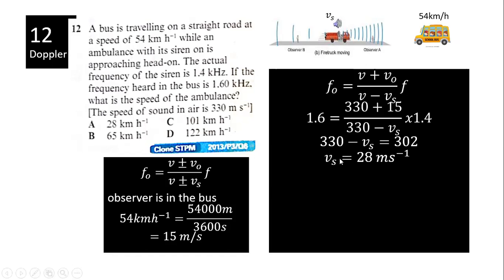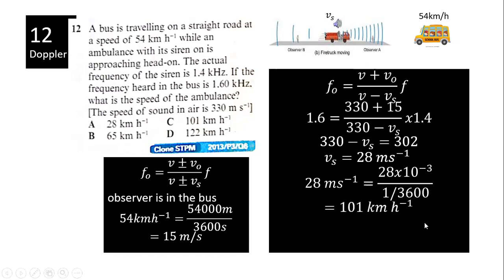You can see that they are very deceiving. If you straight away put it, A is wrong already. You have to convert it back to kilometers: 28 over 1 second. Meter to kilometer is 10 to the power minus 3. 1 second is 1 over 3,600 hour. Okay, so the answer is C.